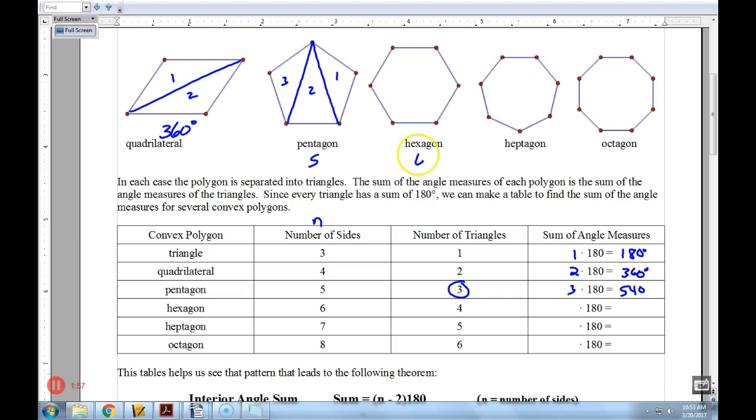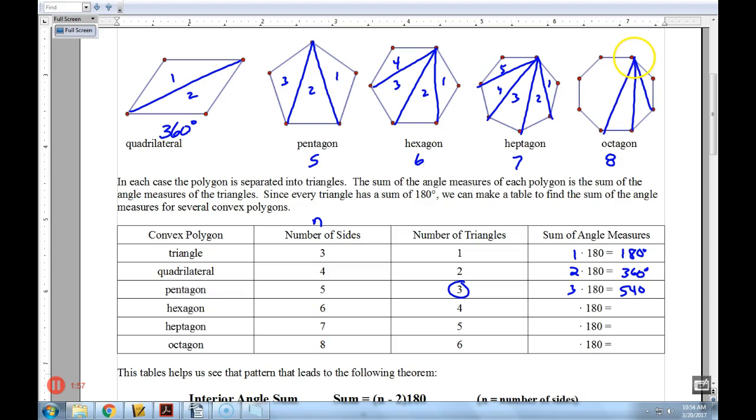So this is 5 sides, 6 sides, 7 sides, 8 sides. So filling in the diagonals, that would be 4. I'm just randomly starting from a certain spot. This would be 5 triangles. And then ultimately, you would be at 6 triangles.